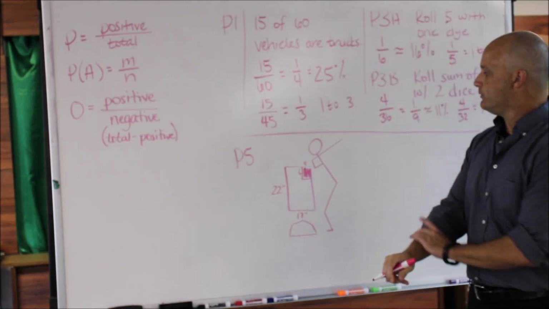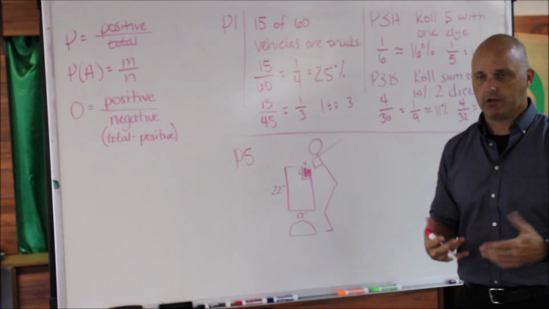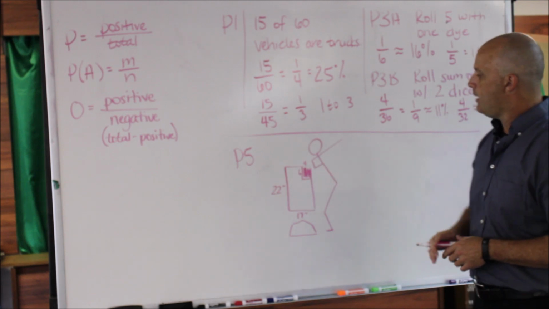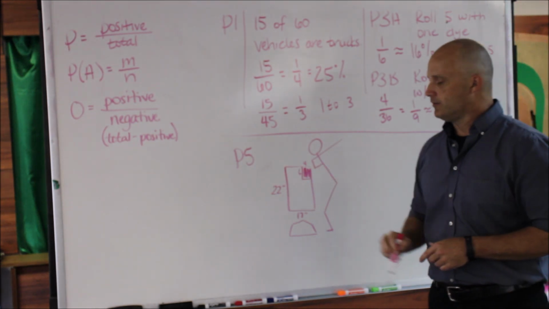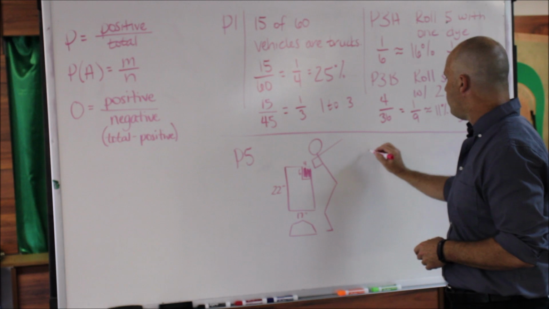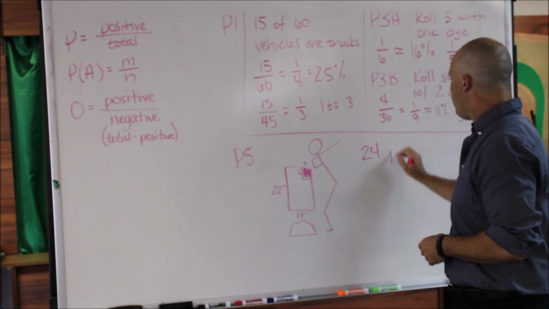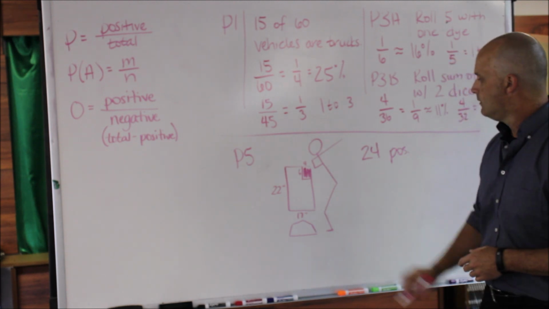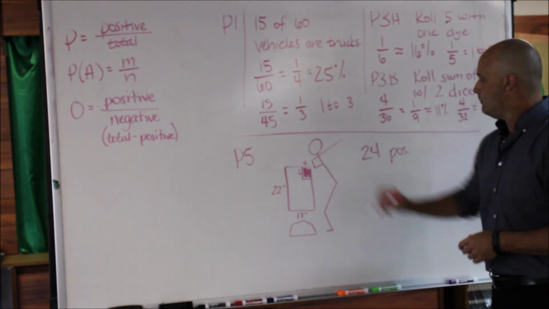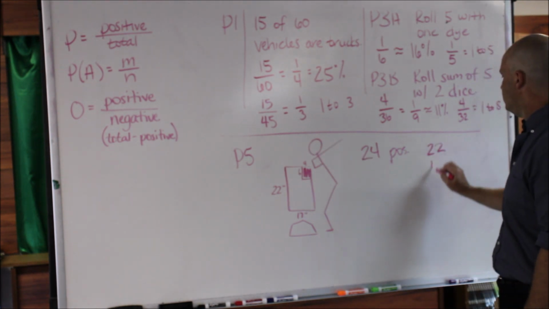And so what we need to do is figure out the total number of outcomes versus the total number of positive outcomes. Well, the positive is going to be pretty easy. It's going to be 6 times 4, which gives us 24 positive outcomes. Now, to find the total number of outcomes, we need to do 22 times 17.